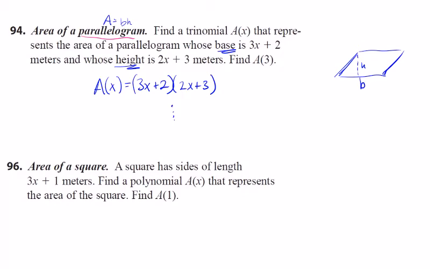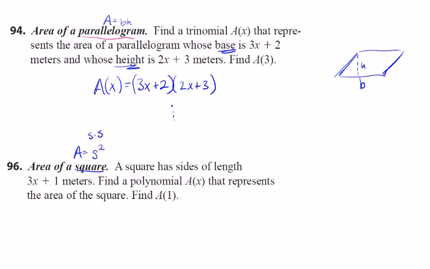All right, 96. Here we have an area of a square. So the area of a square is, we could do base times height or length times width, but our length and our width are the same, so it ends up being the length by the length, or the side by the side. And so side times side is side squared, s times s is s squared.